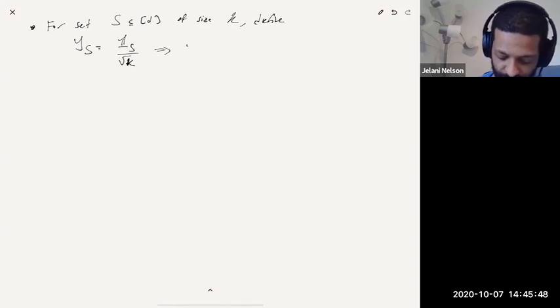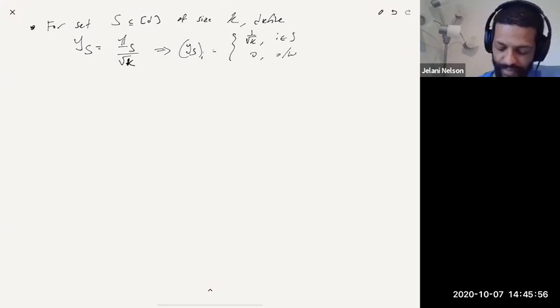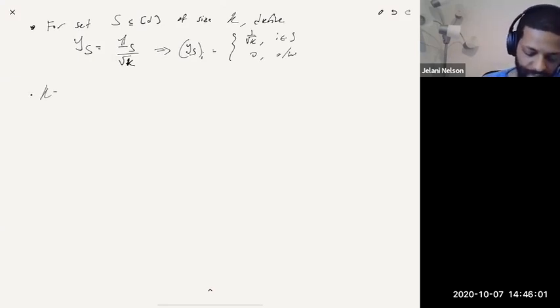What I mean by that is if you look at Y_S,i, this is going to either be 1 over root k if i is in S and 0 otherwise. Okay, and I'm going to set k to be something like 100 over epsilon squared, I think. Yeah, let's say 100 over epsilon squared.